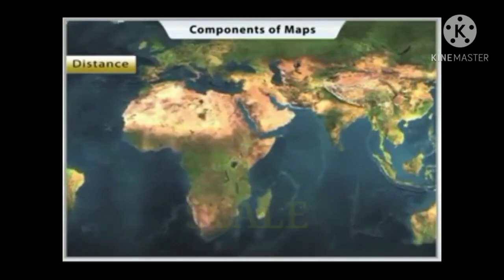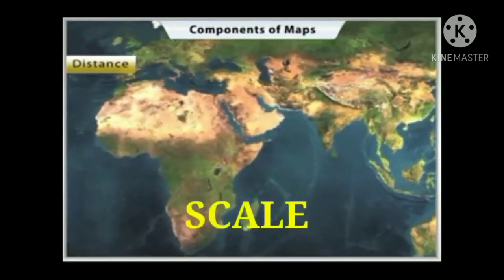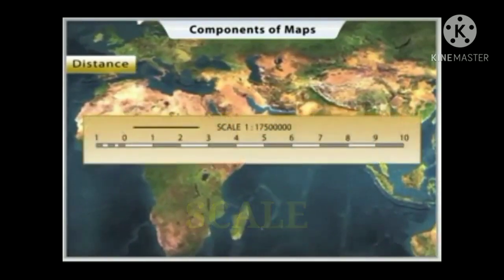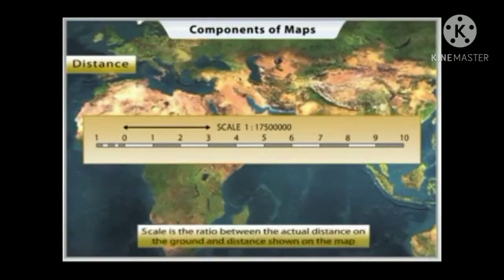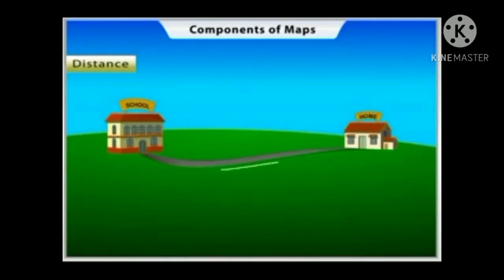First was directions. The second component of map is scale. Actual distance जो है उसको हम दिखाने के लिए एक reduced scale यूज करते हैं. Scale is the ratio between the actual distance on the ground and the distance shown on the map. Scale के help से हम दो places के बीच में कितना distance है उसको measure कर सकते हैं. Now here's an example for you.